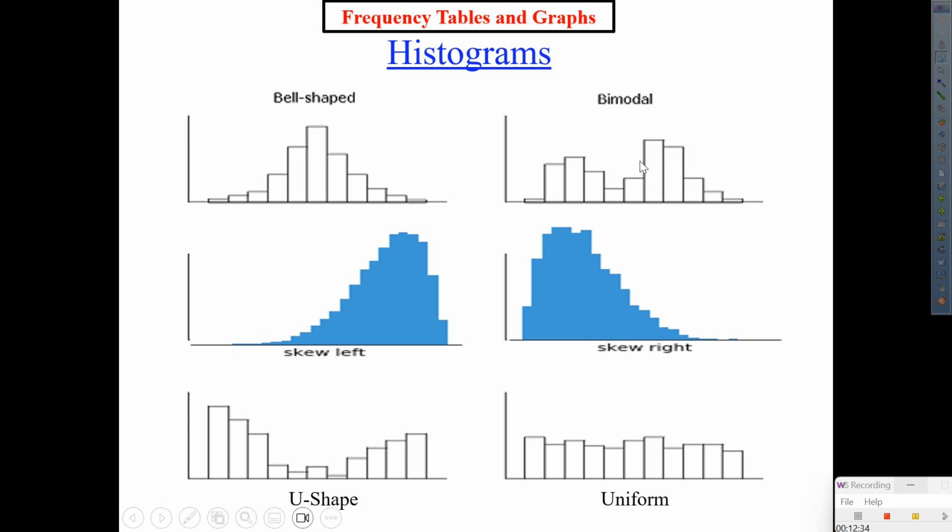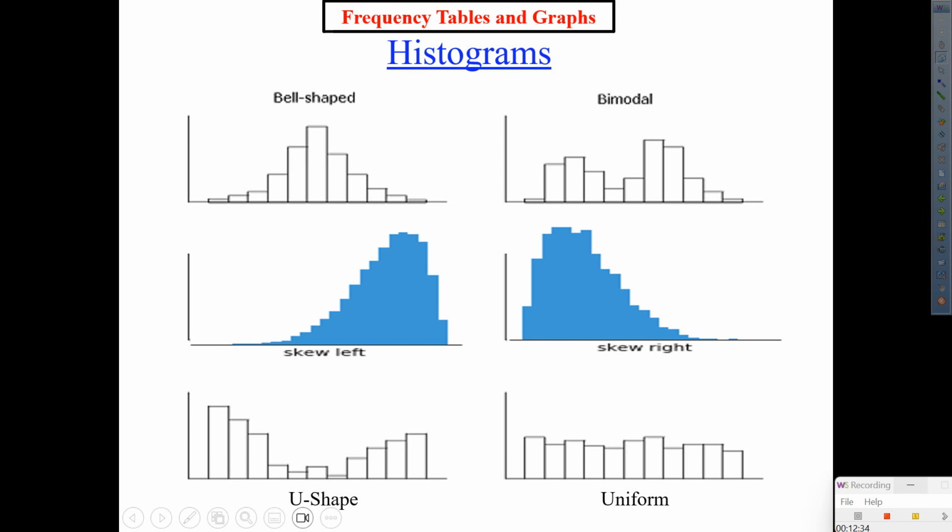A bimodal is when it has 2 different modes. Skewed left, that means that it's empty on the left and leaning to the other side. Skewed right is when it's empty on the right, leaning to the other side. When it makes a U, that's why it's called a U shape. And then this one, which is uniform, which means there's no real pattern to it, and it just goes straight through the data. Okay? So, questions, comments on that?